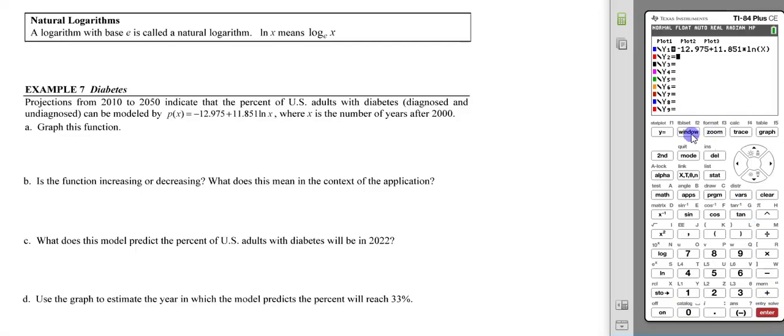And let's see, what kind of a window should we put? X is the number of years after 2000, and they're talking about the projections from 2010 to 2050. So we could go from 0 to 50 or 10 to 50. I'll go ahead and go from 0 to 50 to give us a little wider window, and we'll do a zoom fit.